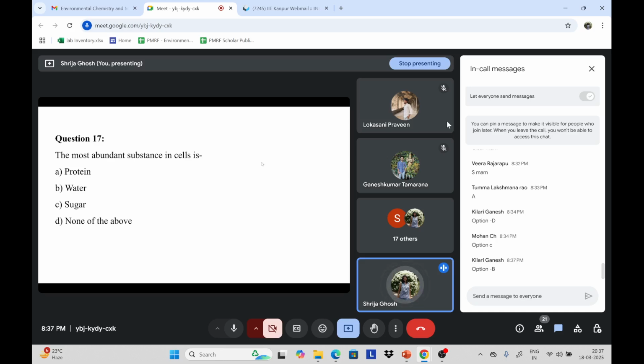The most abundant substance in cells is, okay, I have one answer, option B, another option A. Protein, water, sugar, none of the above. Make sure the question is most abundant substance. Okay. Most abundant substance in the cell is.